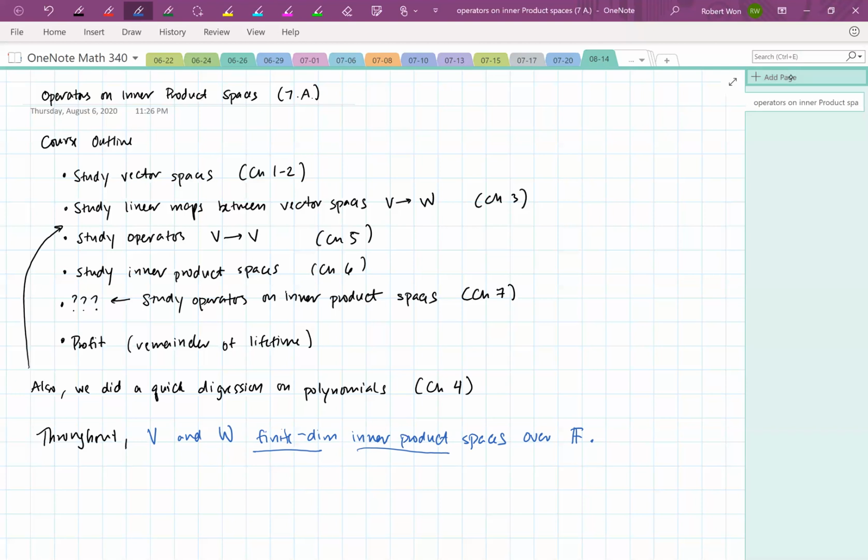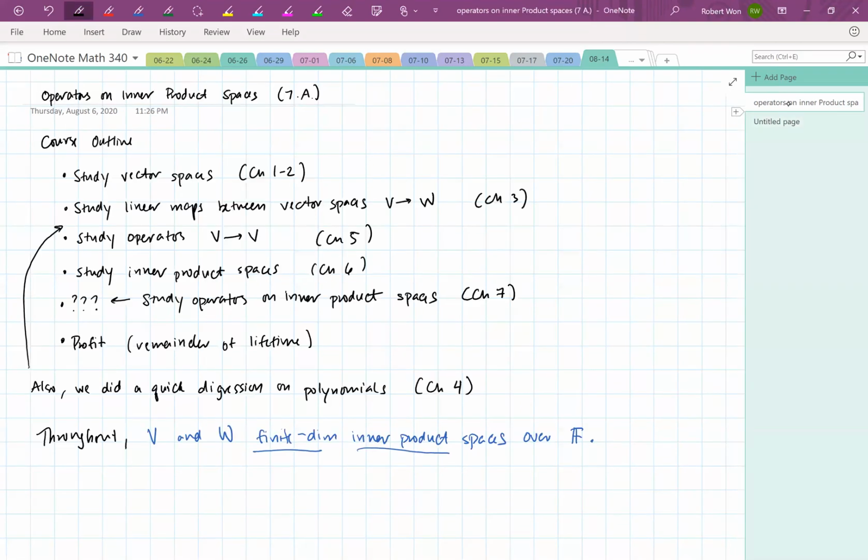So let's begin. I guess technically we are going to start by just studying a thing that's not necessarily an operator. So maybe even here I could study operators and linear maps between inner product spaces as well. But most of our focus will actually be on the operators.